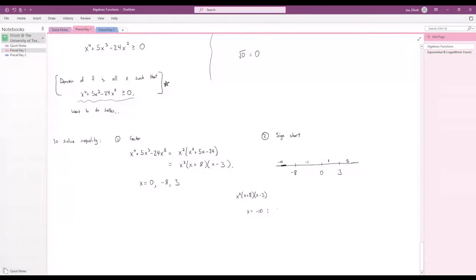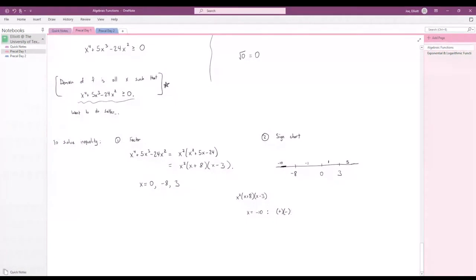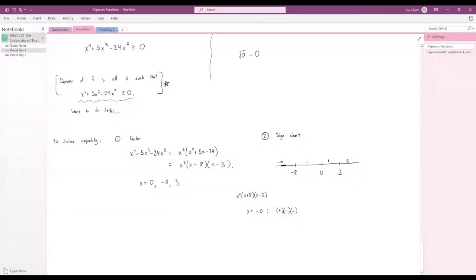So that first factor will always turn out positive since it's being squared. Now, if we plug -10 into here, -10 plus 8 is -2, and -10 minus 3 is also negative. So it's a double negative, and the final result is going to be positive in the end. So the polynomial should be positive in that interval.